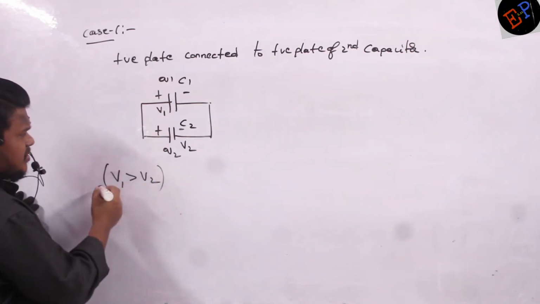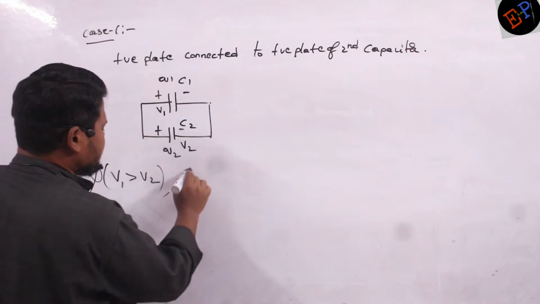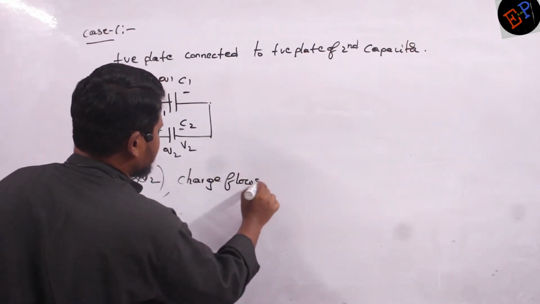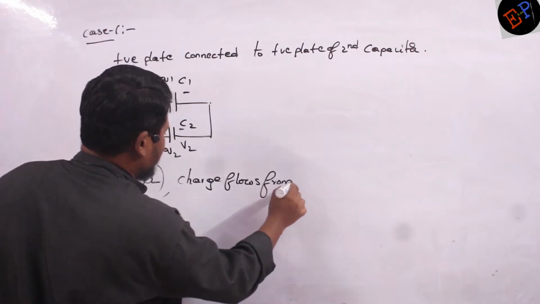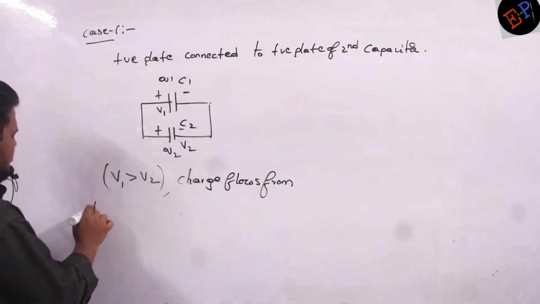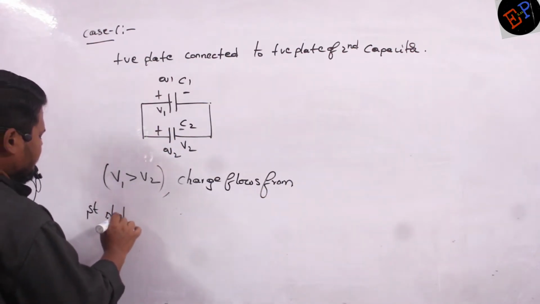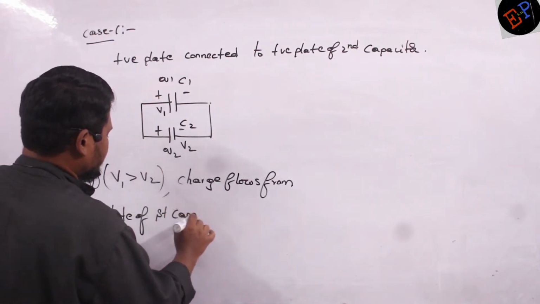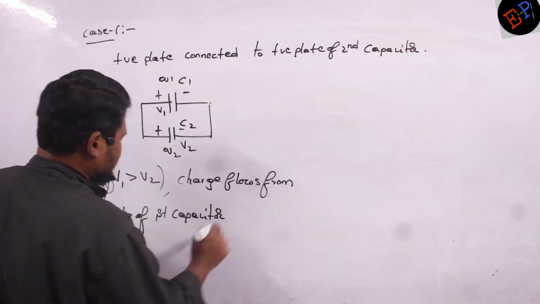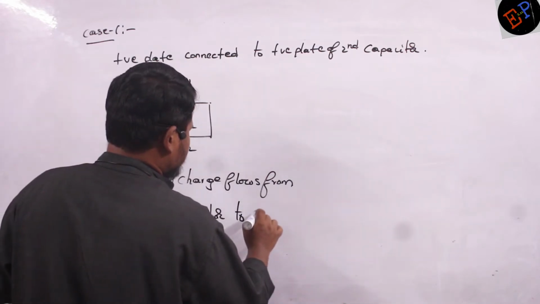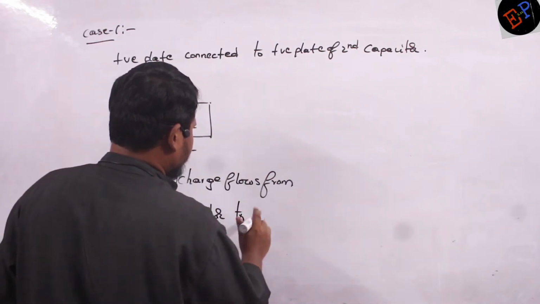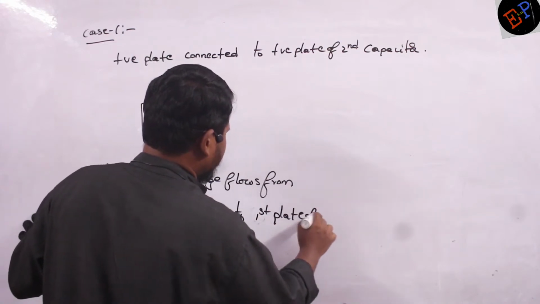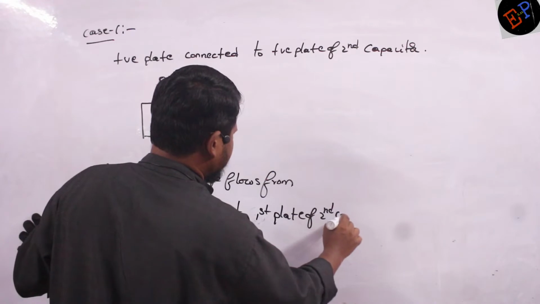So if V1 is greater than V2, charge flows from the first plate of the first capacitor to the first plate of the second capacitor.